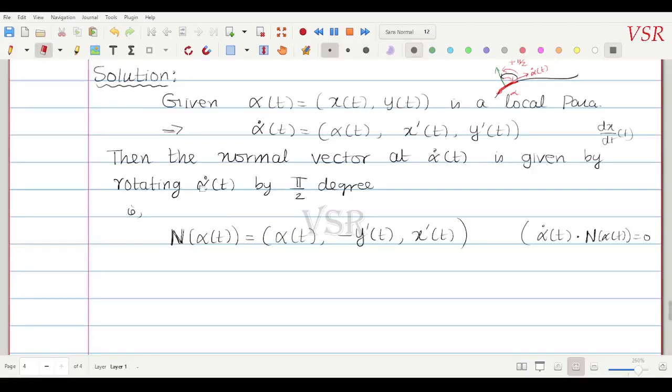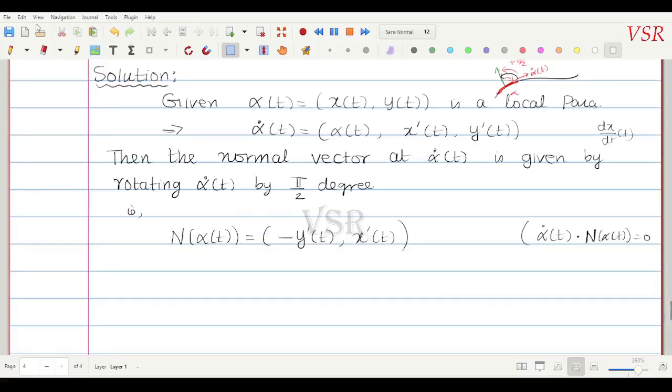I will write it this way, n of t. We'll strike out this place, and now it will be correct and easier. This n of t is given like this.